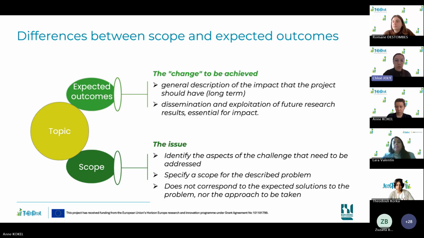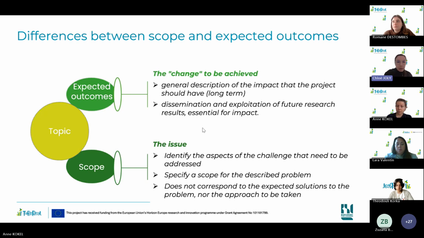So this is the definition you can find in the scope. There is also the definition of the problem you have to answer, and this section does not correspond to the expected solutions to the problem, but the approach to be taken.